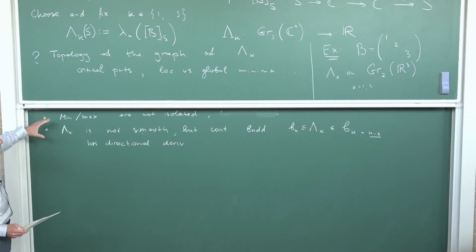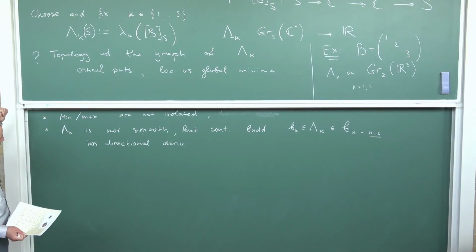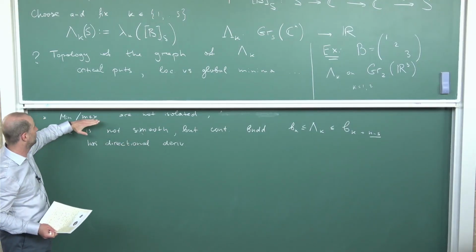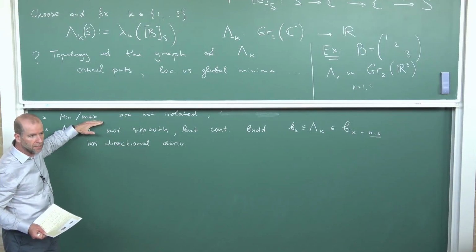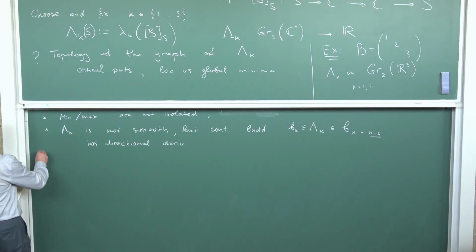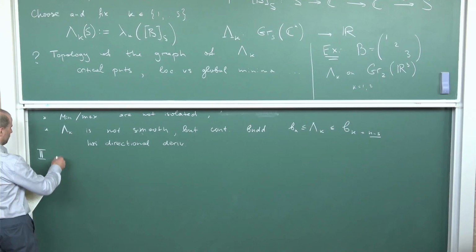I would like to explain this topology in general dimension using Morse theory, and this creates some problems: the lack of smoothness, and that the critical points are not isolated, but we'll go through this step by step. For now, I'd like to just summarize informally the results.